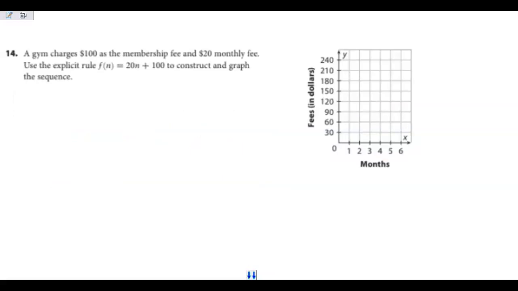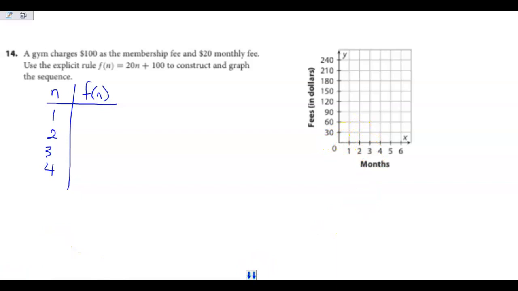Here's another one. The gym charges $100 for a membership fee and a $20 monthly fee. Use the explicit rule of function of n equals 20n plus 100 to construct and graph the sequence. Find the first 4 terms. Solve to find out what the terms are, and graph the ordered pairs.